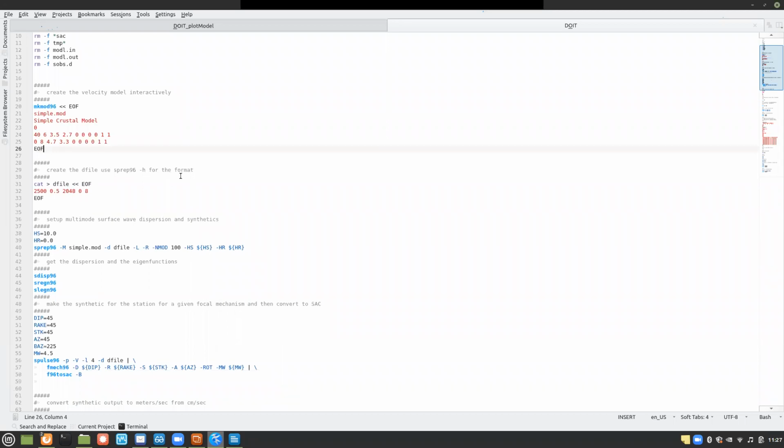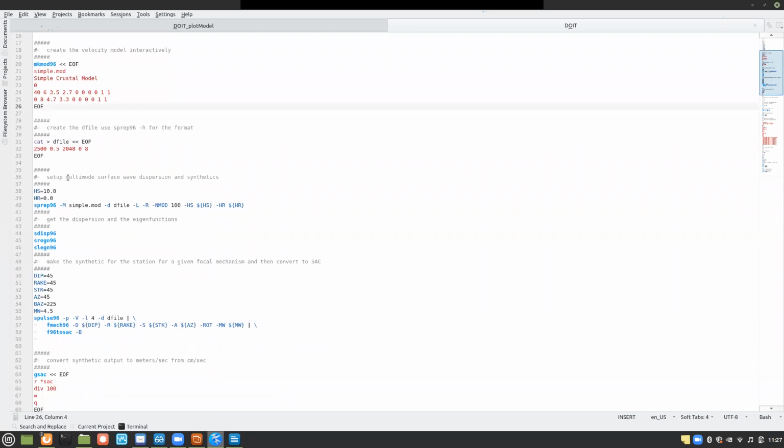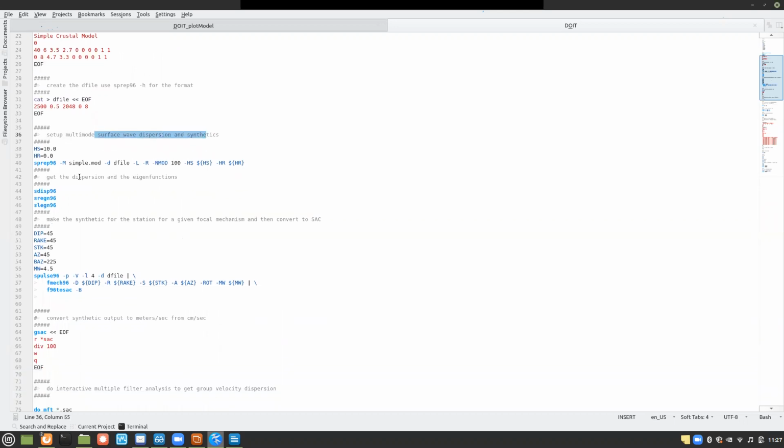Then it creates some files, and this part does the surface wave synthetic generation, with H being the source depth, and a receiver depth. The source will be at 10 kilometers, and the receiver is on the surface.